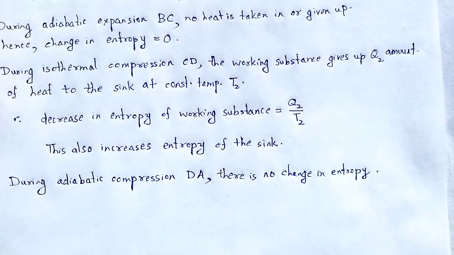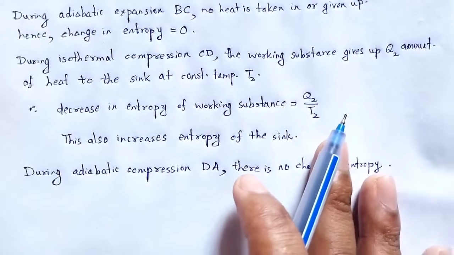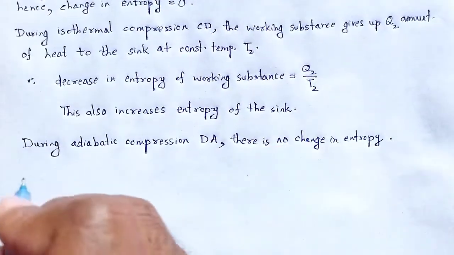Hence, during the whole Carnot cycle, what should be the net change in entropy?